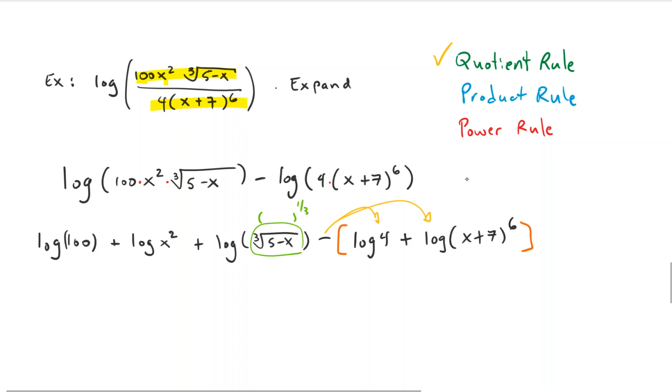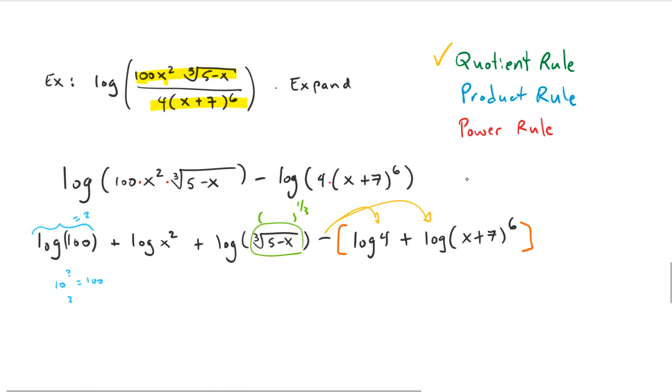And this, what is this? Log base 10 of 100. So 10 to the what power gives us 100? Well, that's 2, right? So this equals 2, and we can just write that in.